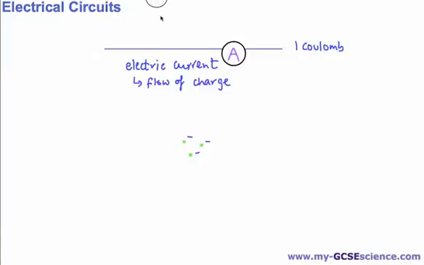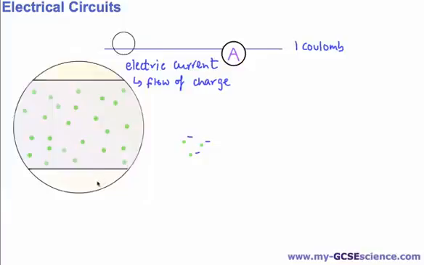Now if we were to look a bit more closely at what's going on, at one little section, we could magnify it, and you can imagine that we have our wire, and we have these electrons flowing through.